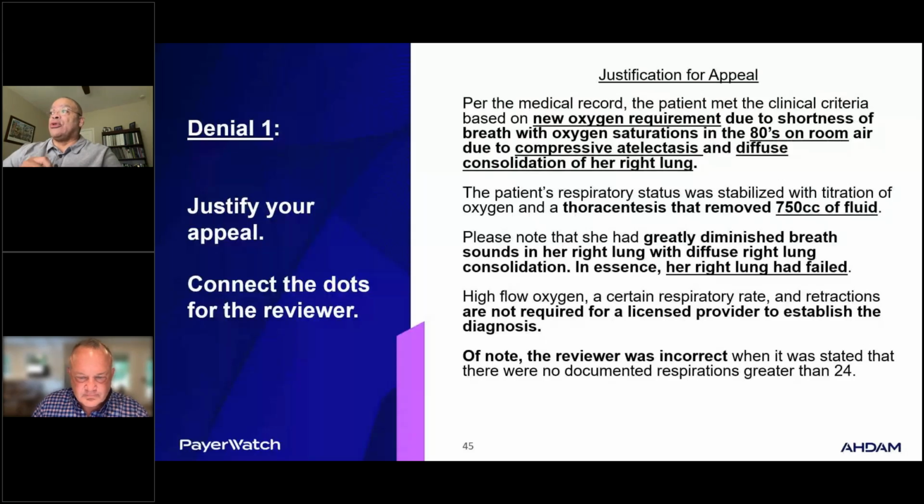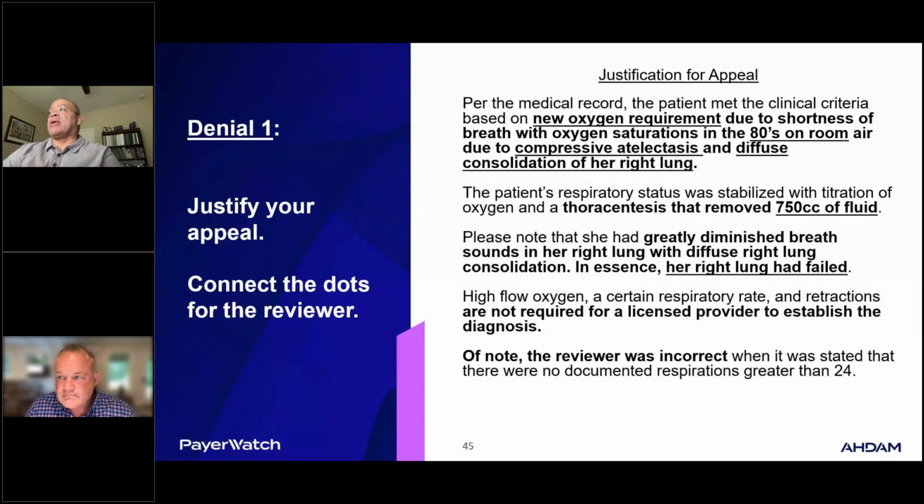The nurse's notes do a really good job of providing us more information about what's going on respiratory-wise with the patients. So don't be afraid to use other things in the medical record besides the physician's documentation when you need to connect the dots and tie everything together.